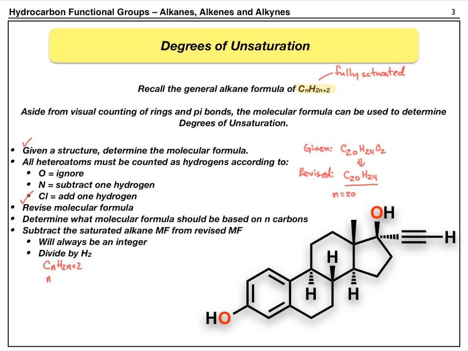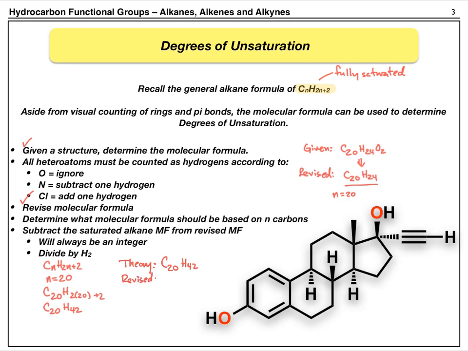We've found n is equal to 20, so we plug that in there. Let's do the simple math here. For 20 carbons, we should have 42 hydrogens. C20H42.